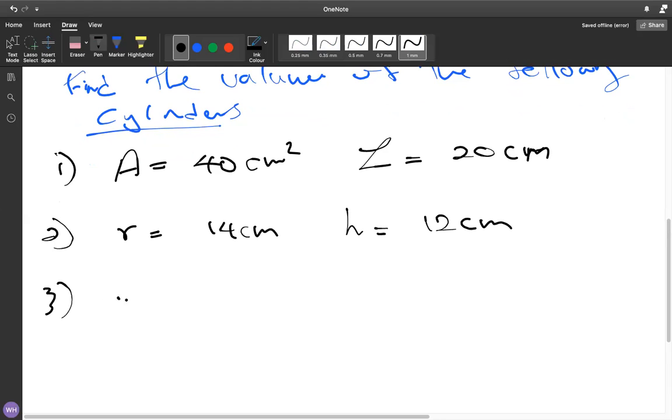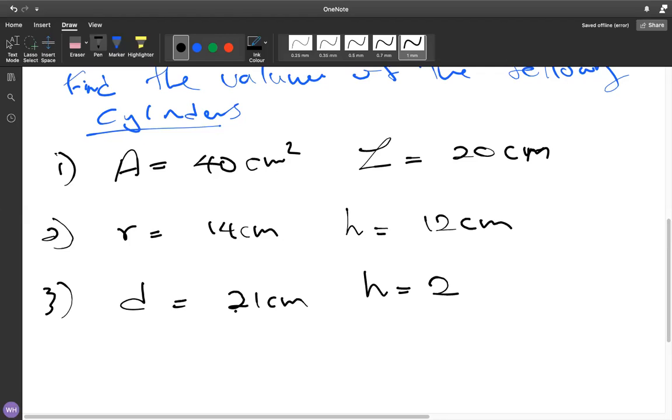Third one, diameter is equal to 21 centimeters and the height equals 2 times the diameter. Fourth one, radius equals 10.5 centimeters.